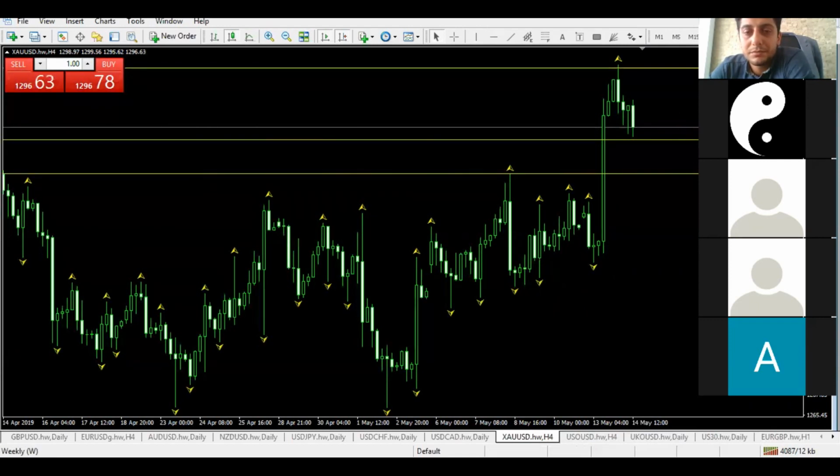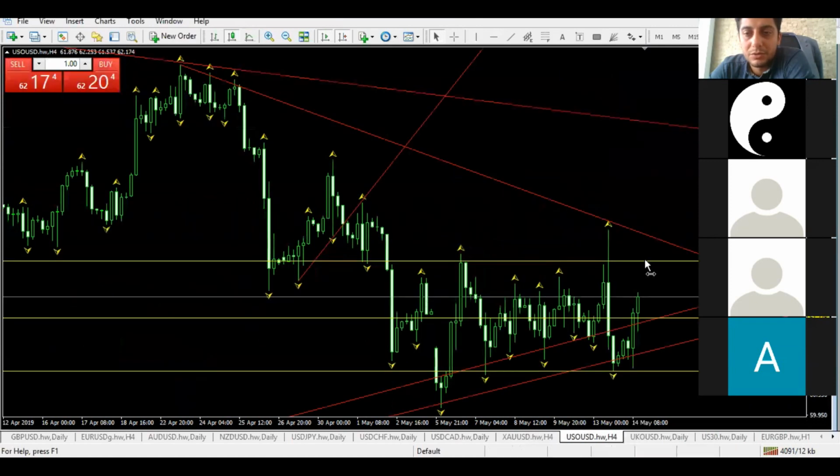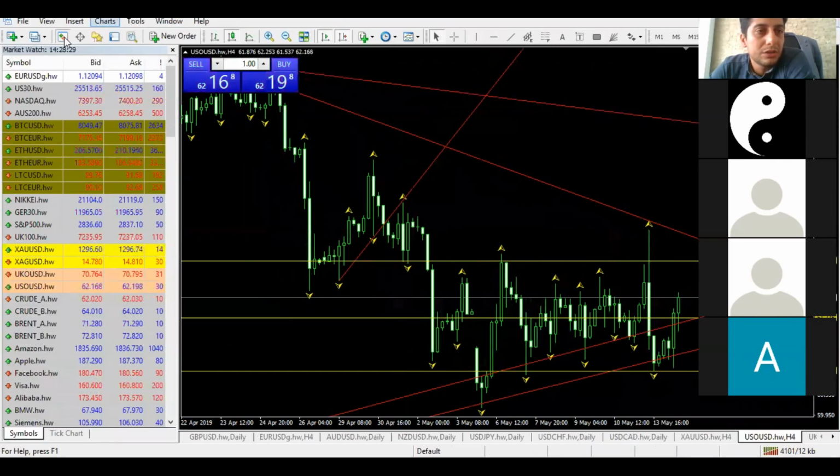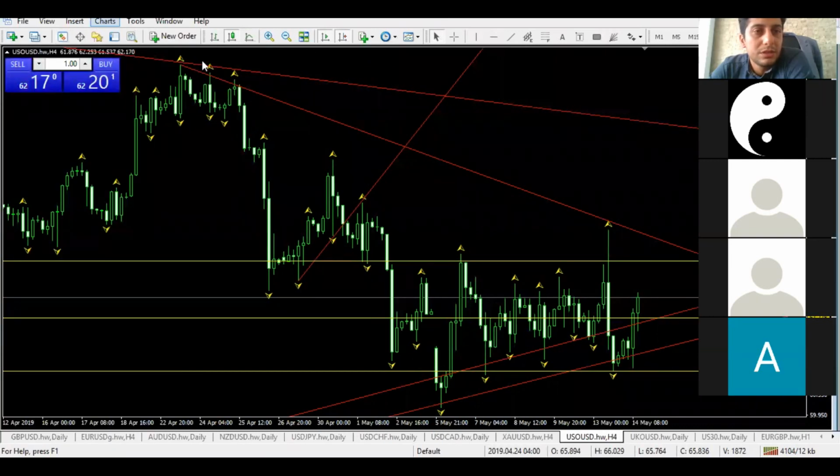Like right now, let me see a trend that hasn't even operated, in a 4-hour time frame of the oil chart. Let me see. It's 14:28, which means 2 hours have passed from my 4-hour time frame.